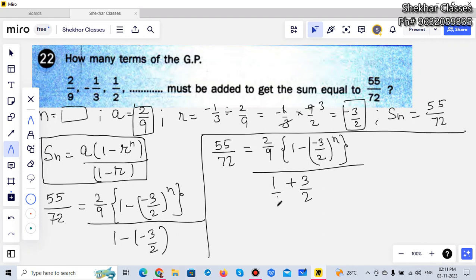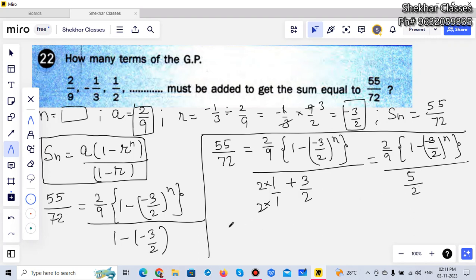So I can write it further here. This is 2 upon 9, 1 minus minus 3 upon 2, the whole power n. This will be, if we multiply by 2 here, 2 plus 3 is 5. We can write here 5 upon 2.